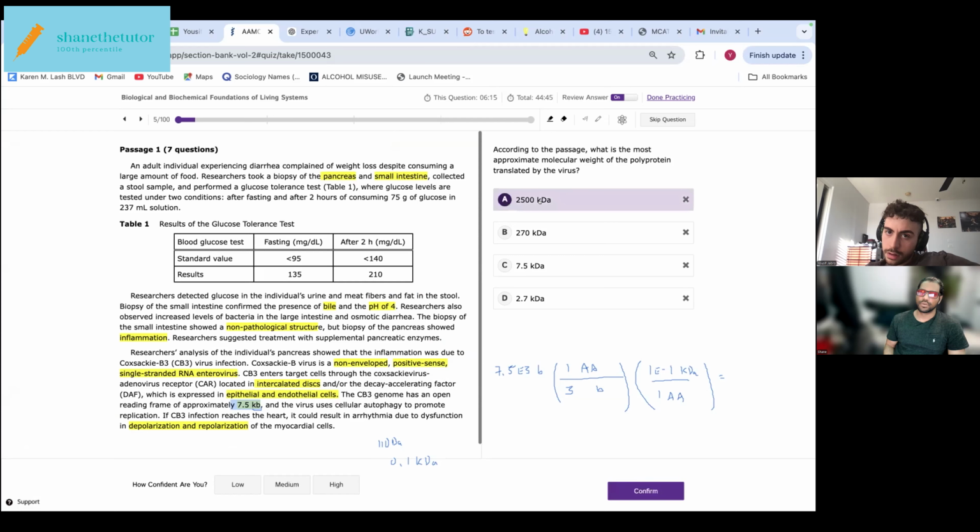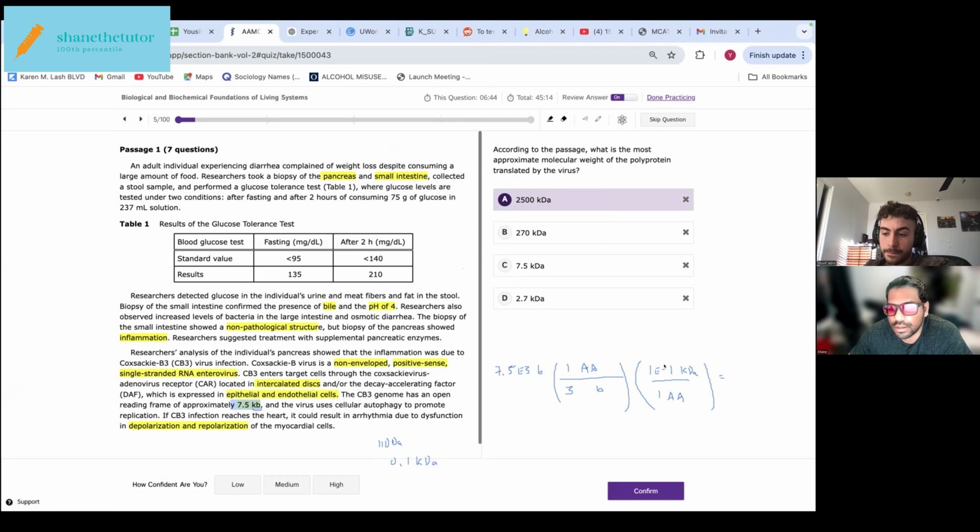Tell me what you said again. You have 7.5 times 10 to the 3 bases, the bases cancel out, and then 1 times 10 to the negative 1 kilodalton.